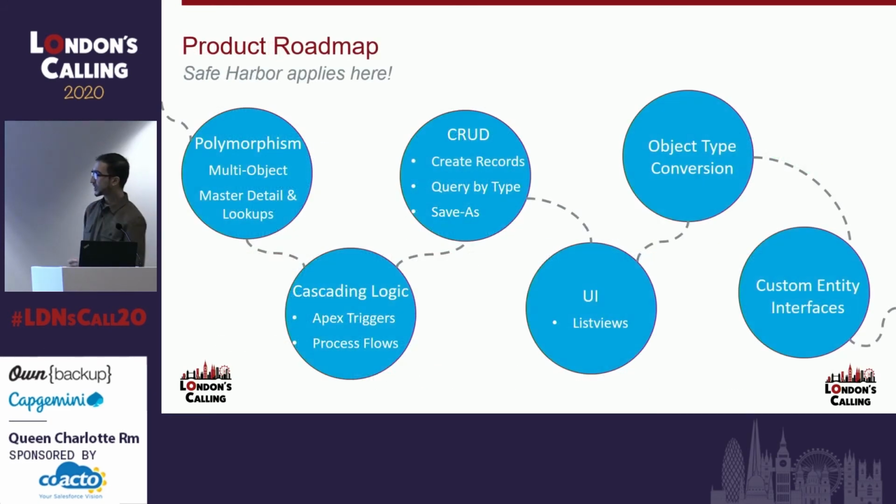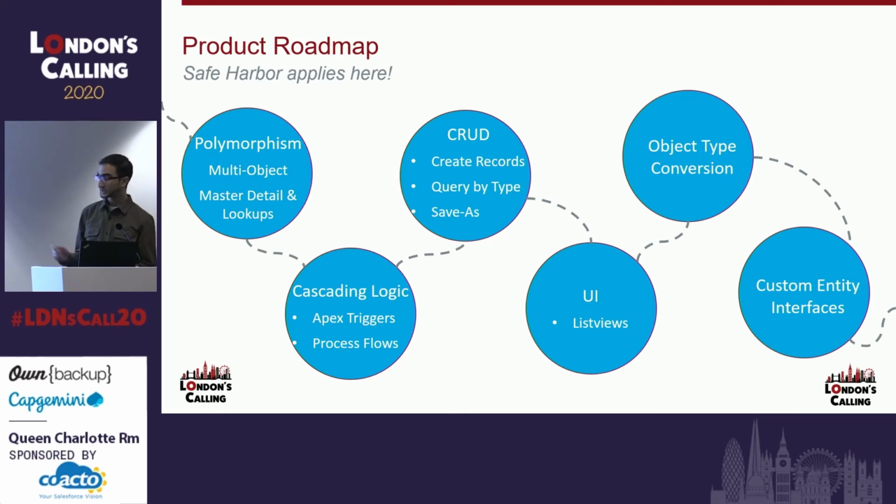All right, let's talk a little bit about the product roadmap. We talked about the different implementers. One thing I would really highlight here is polymorphism, with multi-object master-detail and lookups. It's been 20 years of Salesforce, and we are all familiar that a custom object cannot be the detail in a master-detail relationship with a standard object as master. But with the entity interface, you can.